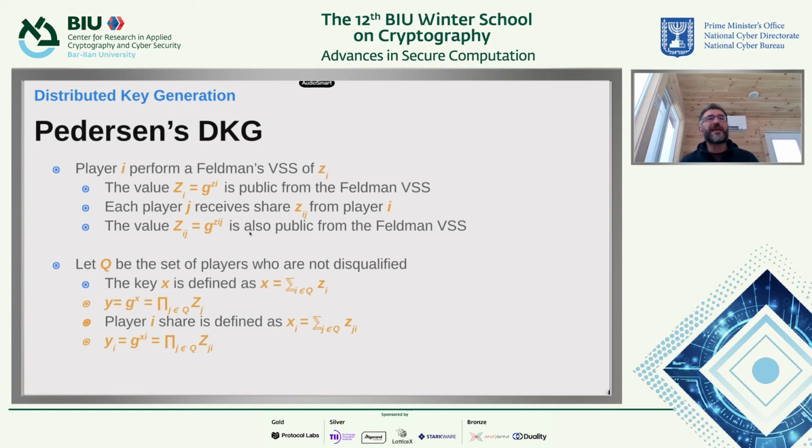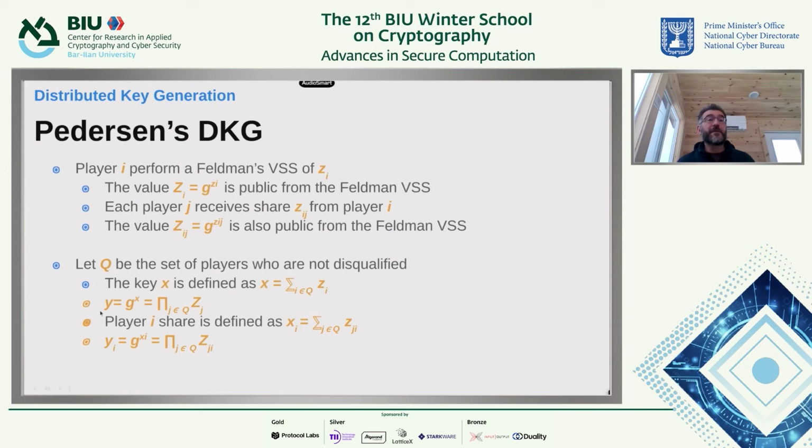Now, at the end of this thing, there's going to be a bunch of players who have not been disqualified. Let Q be the set of players who are not disqualified. Then define the secret key X as the sum of the random values that were shared by each player.